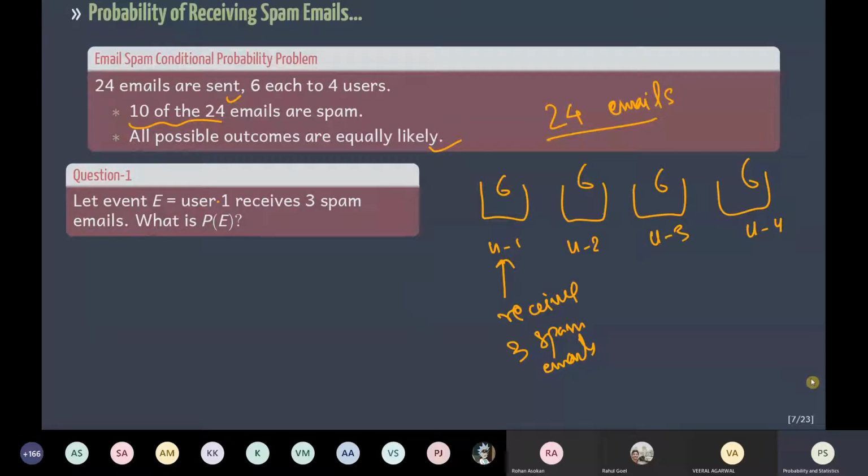It's about what are the ways. Look, user 1 is receiving 6 emails. Now the first question is, what is there in the user 1 sample space? User 1 is receiving 6 emails, and since we are focusing only on user 1, the other users don't show up in the sample space.